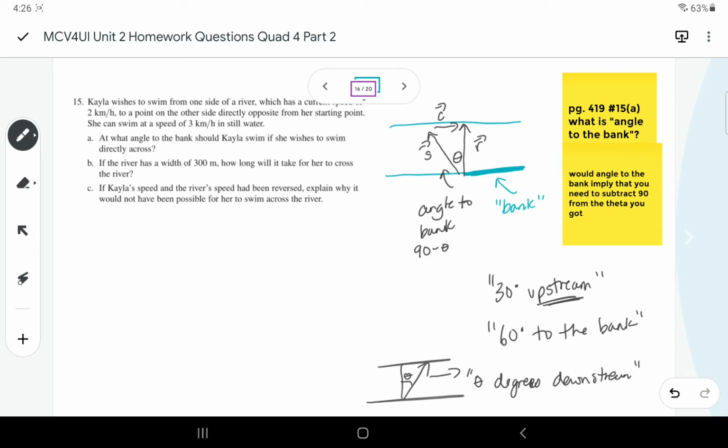If you say from the edge of the river or from directly across, or whatever wording you can do to explain that. Basically, whatever your words are that I read on your solution, I should be able to interpret that correctly and draw where that angle would be and understand it. Okay.